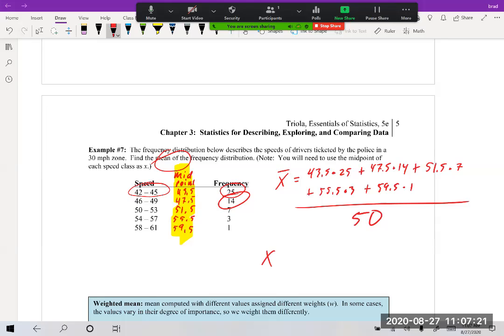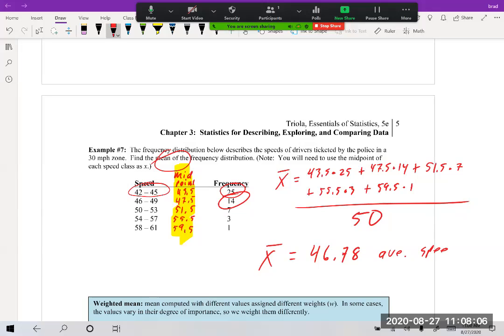There were 50 tickets. So X bar equals 43.5 times 25, plus 47.5 times 14 plus 51.5 times 7 plus 55.5 times 3 plus 59.5 times 1, divided by 50. I get 46.78.